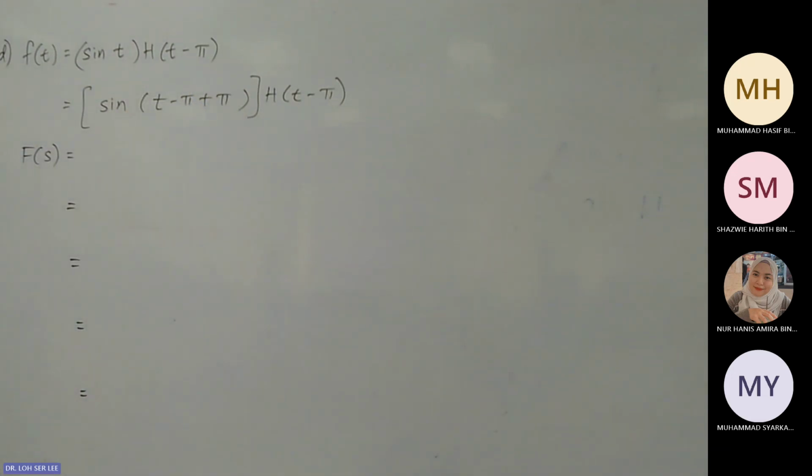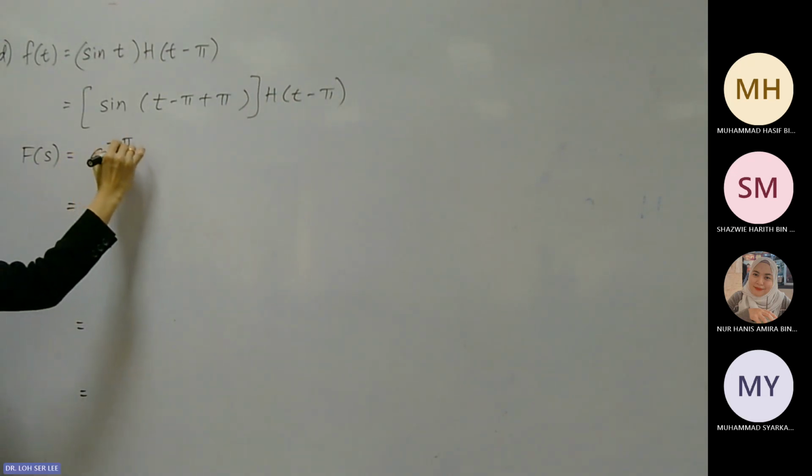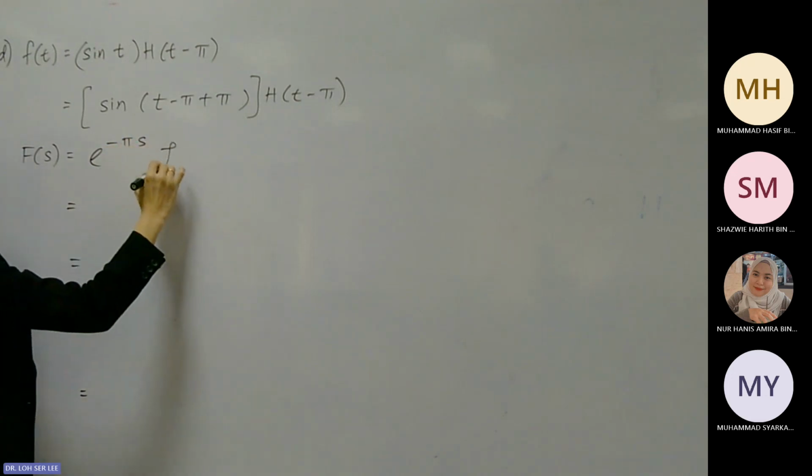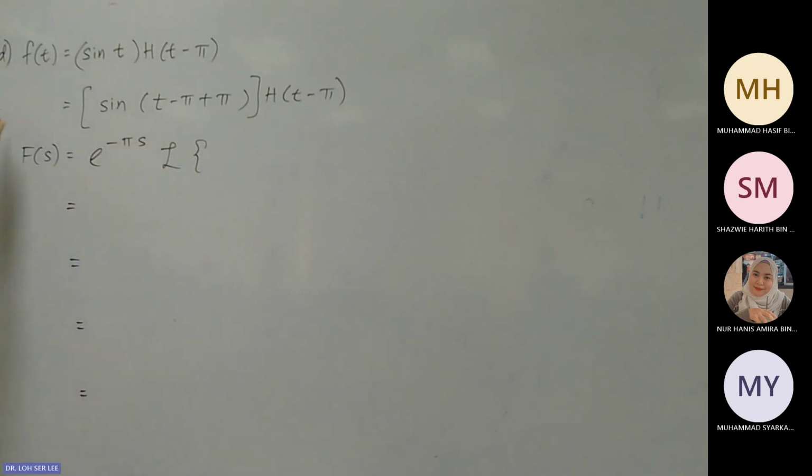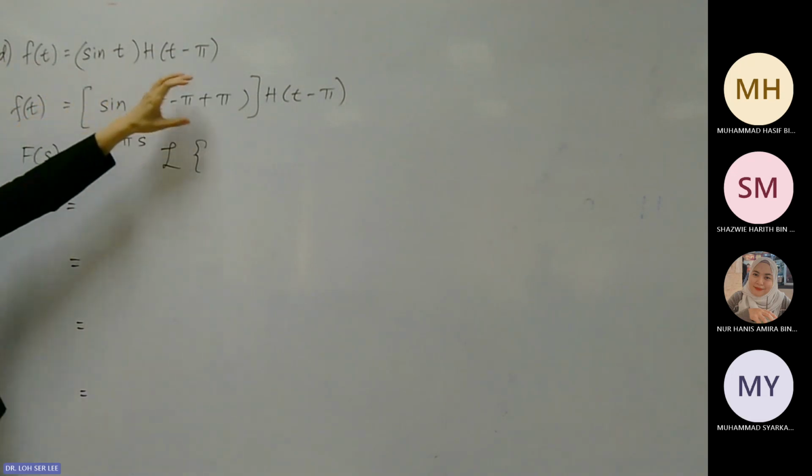Now we take out the minus pi to form e to the minus pi s, because this is still f(t). When we Laplace transform this, we get F(s). So when we Laplace transform the left hand side, we Laplace transform the right hand side as well.